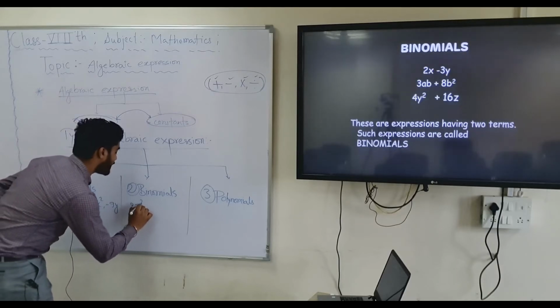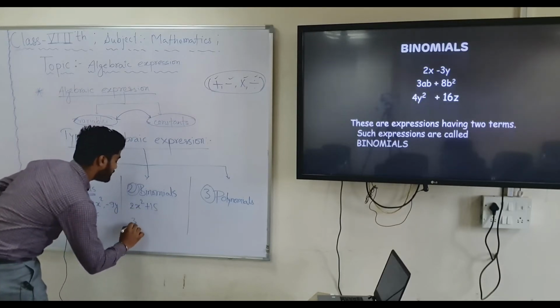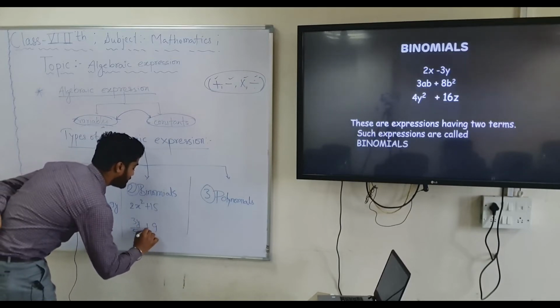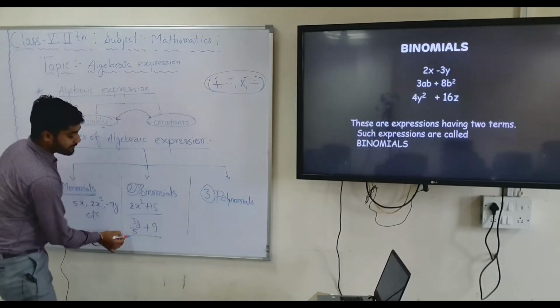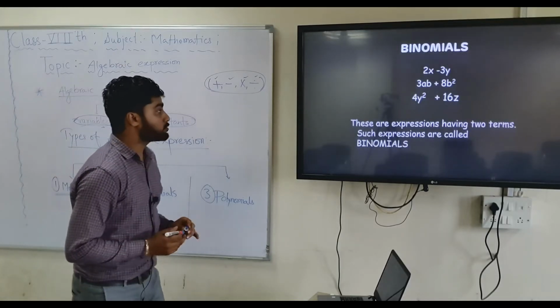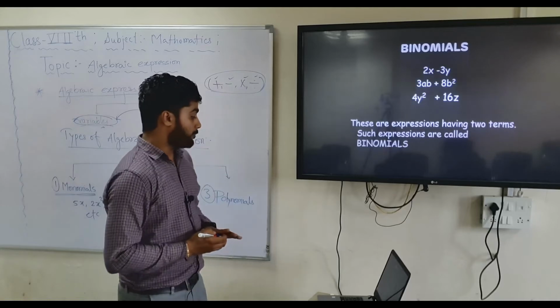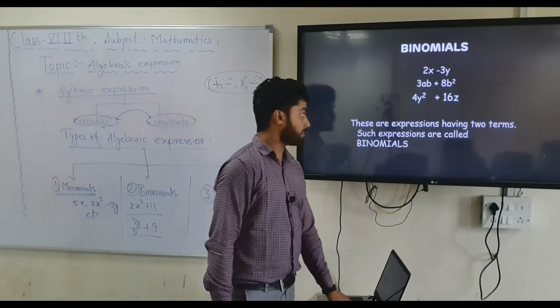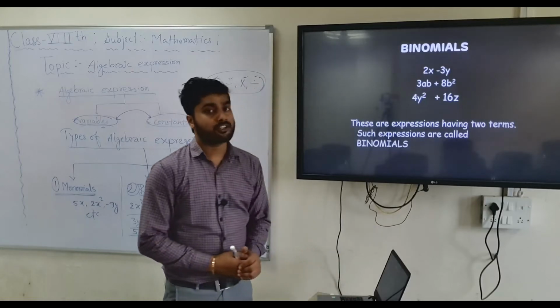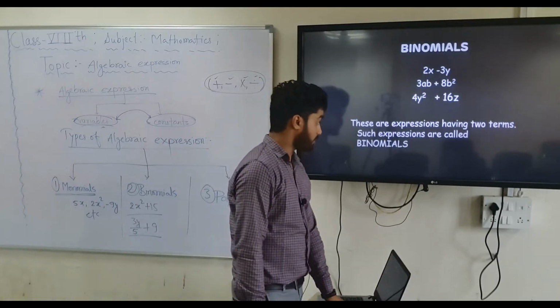Suppose 2x square plus 15 or 3y upon 5 plus 9. Both examples have only two terms. So an algebraic expression which has two terms is said to be a binomial.